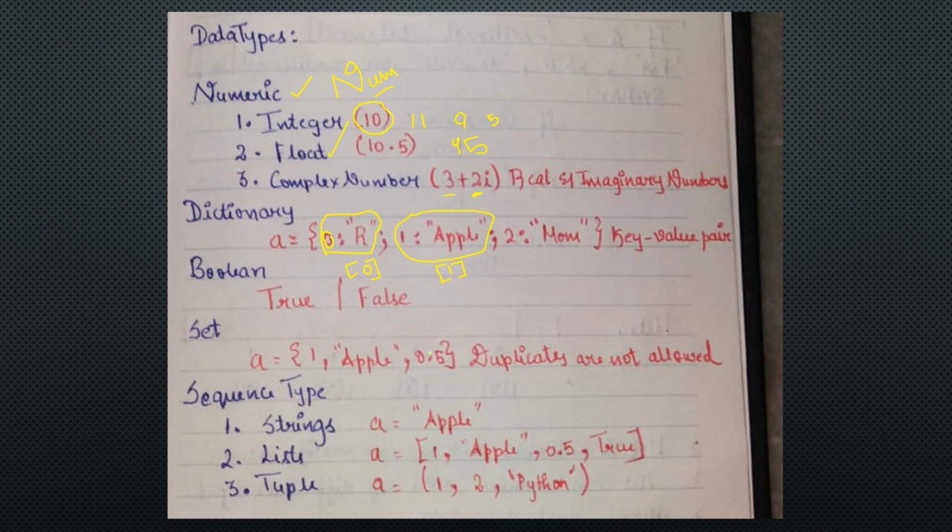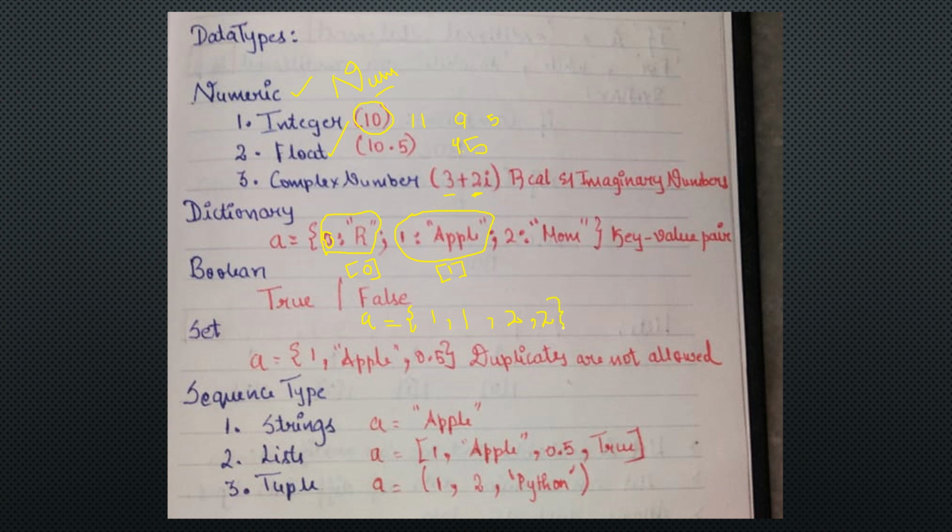So a set can contain values of any data types, but in a set duplicates are not allowed. Let me explain this to you. Say I am declaring a list a which contains the values 1, 1, 2, 2.